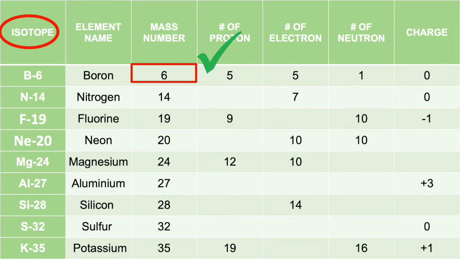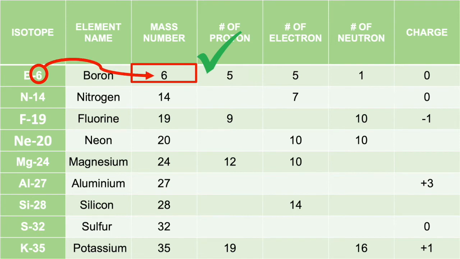That's why the mass number is not always 6, it's not always 10. So it always depends on the number of protons and the number of neutrons. Also take note that in our isotope, we have indicated there the number 6, which means that is the mass number of our element.